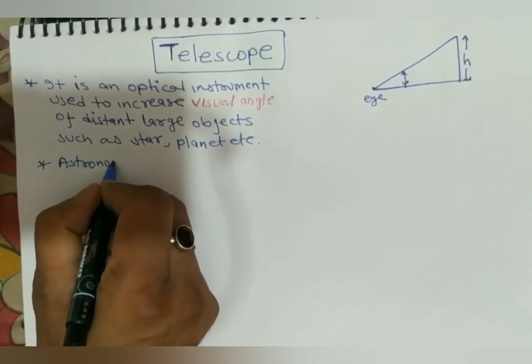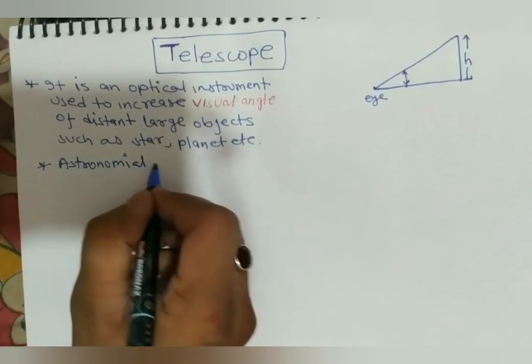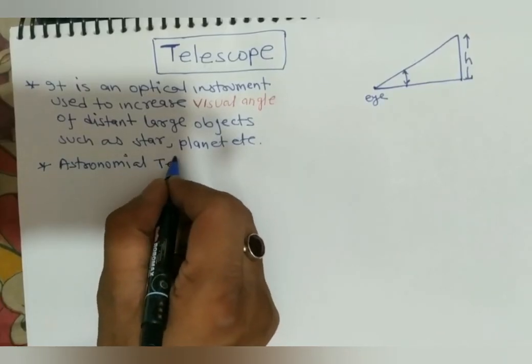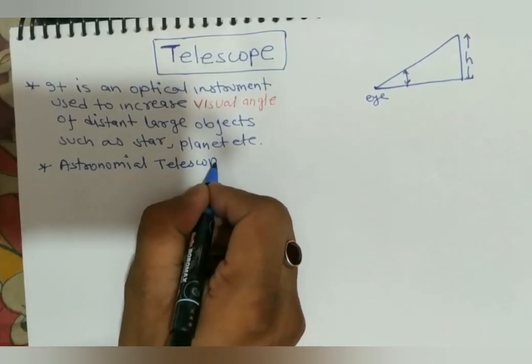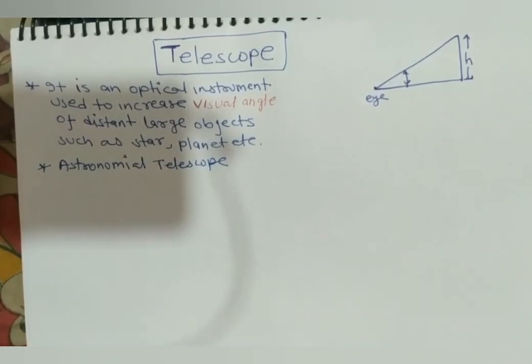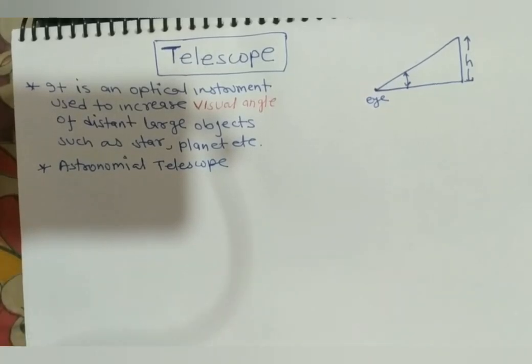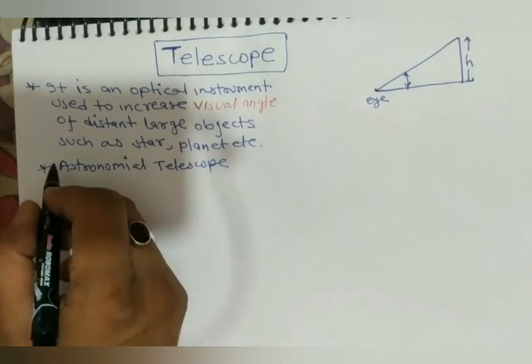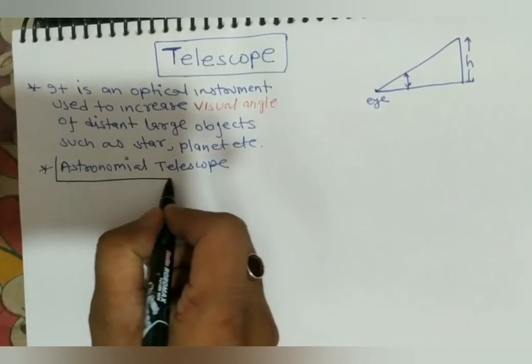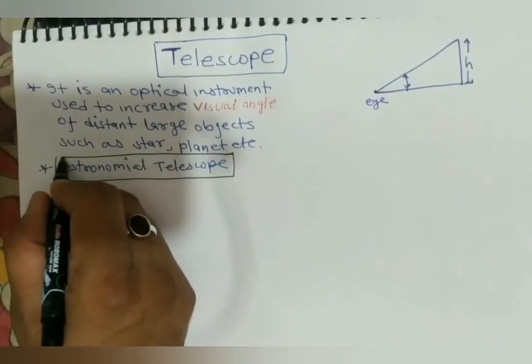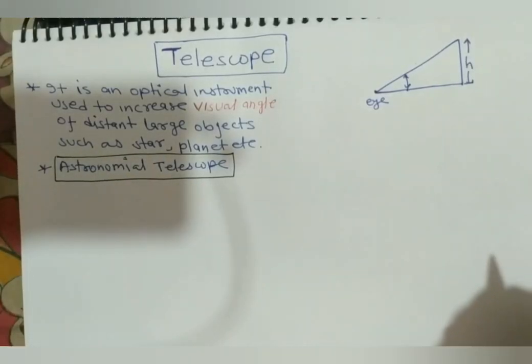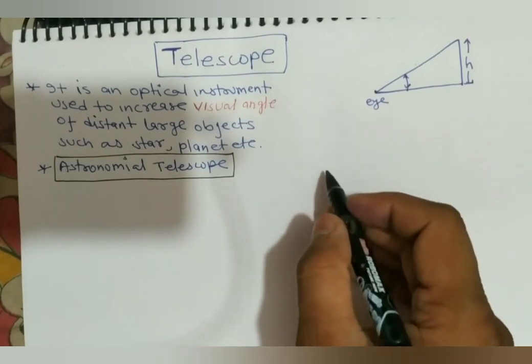Astronomical telescope. An astronomical telescope basically has two convex lenses, just like a compound microscope. But the difference is that the first convex lens is larger and the second convex lens is smaller.